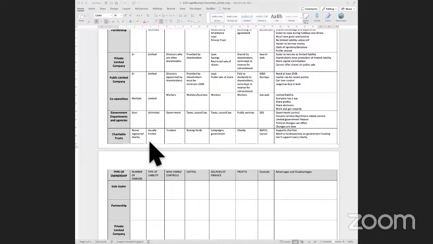So when we talk about charities, they are set up by registering with the Charities Commission, just like Companies House, and their rules and regulations are governed by the Charities Commission, which at the end of the year requires registered charities in the UK to file their accounts and declare the donations and the key members through which they've generated the funds and donations, and where that money has been used and what expenses have been incurred by the organization.